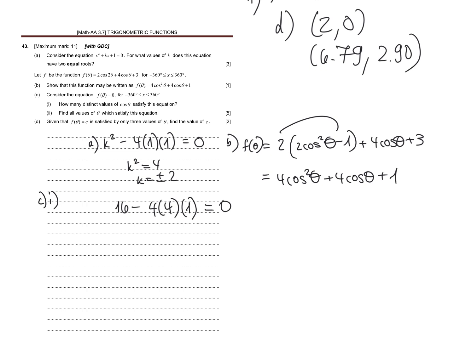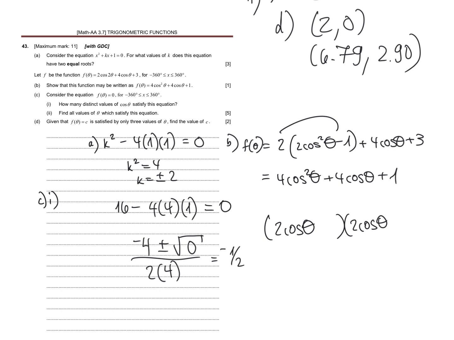And then find all values. Okay, so if we do quadratic formula, I guess this factors, doesn't it? Does it? Okay, anyways. Negative b plus or minus the square root of the discriminant all over 2a. So this is negative 1/2. This is what cosine is equal to. Oh, of course, it's just a perfect square trinomial. So cosine theta is negative 1/2.